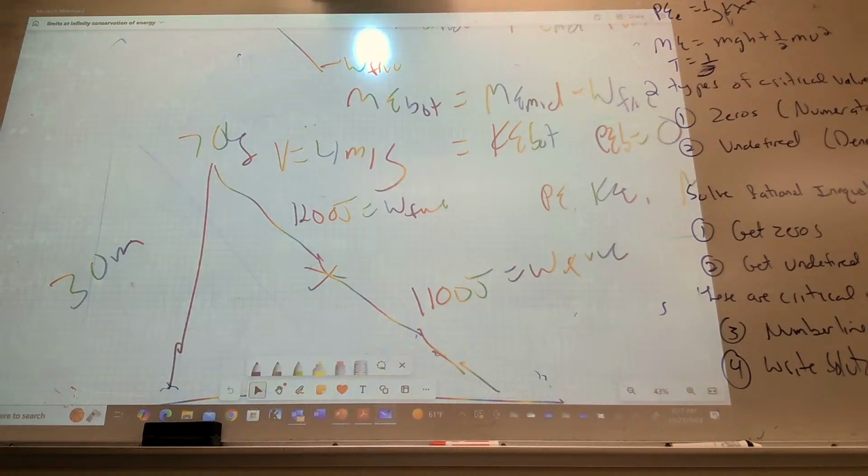This is a summary of everything we're doing in this chapter, except for the work kinetic energy theorem. It really summarizes the chapter. So it's 1,200 joules of work lost to friction in the first half and 1,100 in the second.